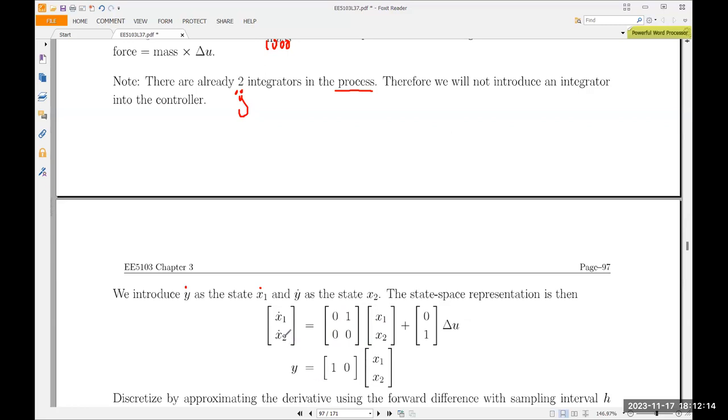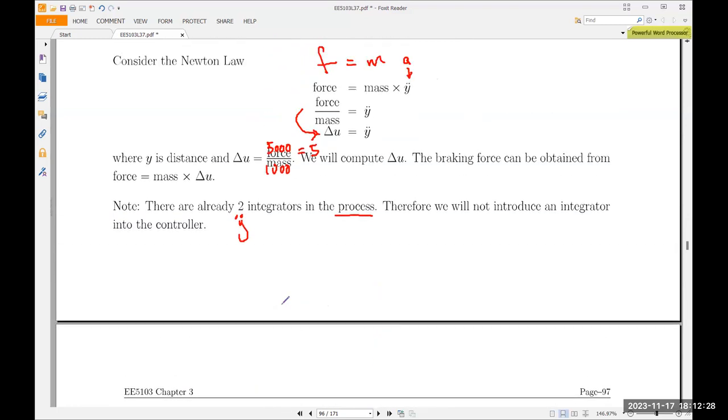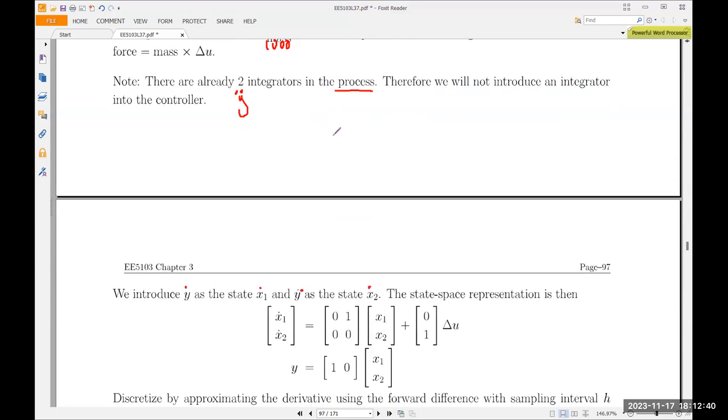Then I look at x2 dot. I see Y double dot, so I look at what Y double dot is. Y double dot, which is x2 dot, is nothing but equal to delta U. So I put 0, 0 here, and a 1 here.